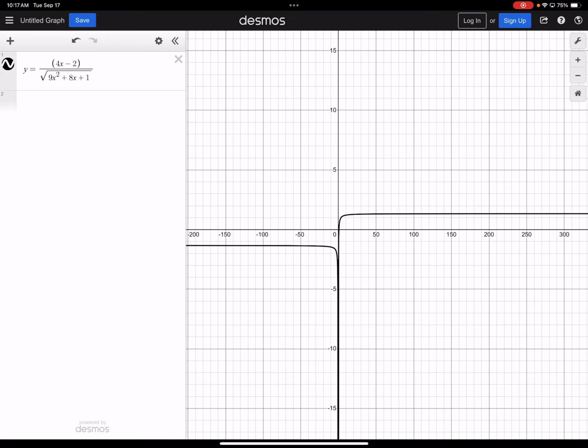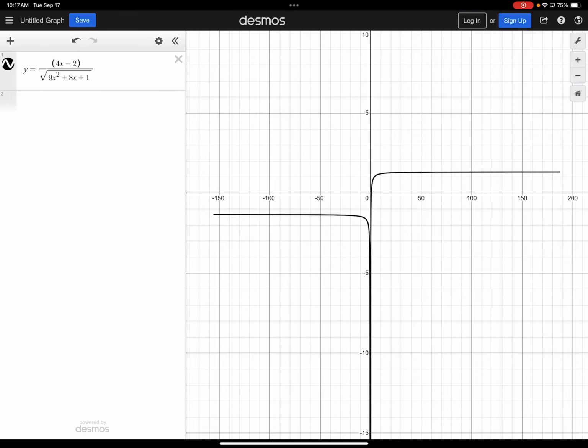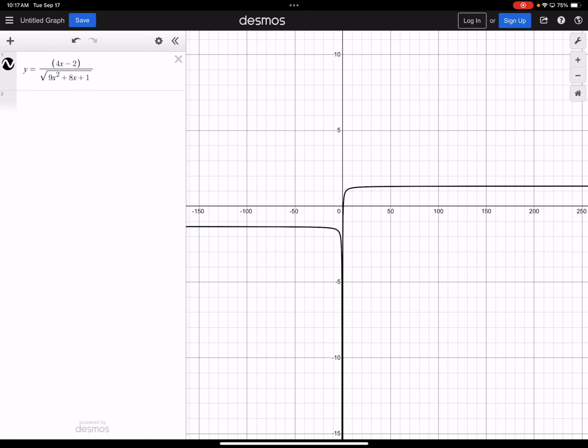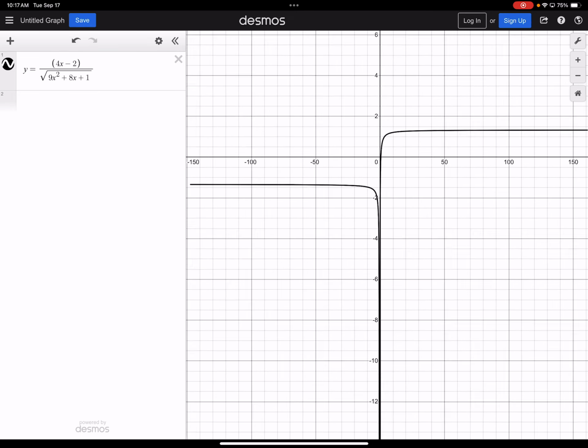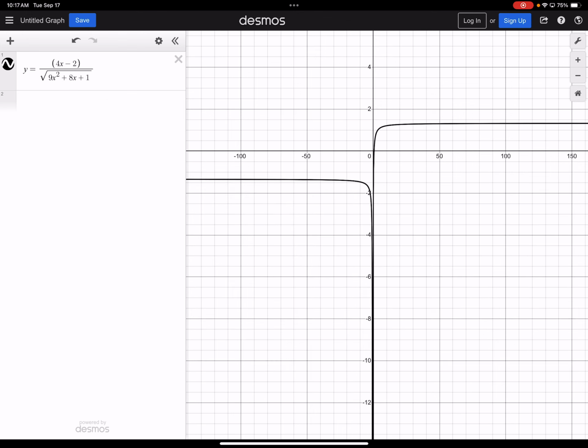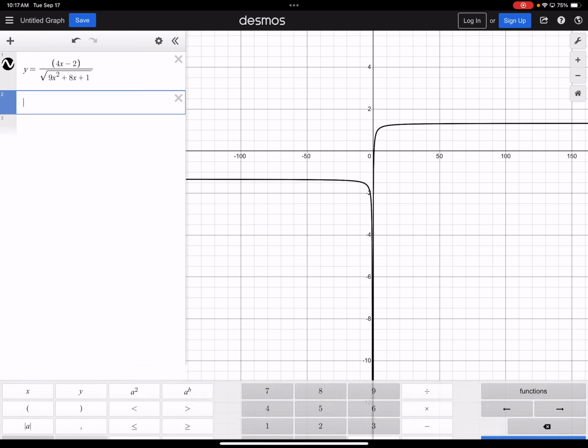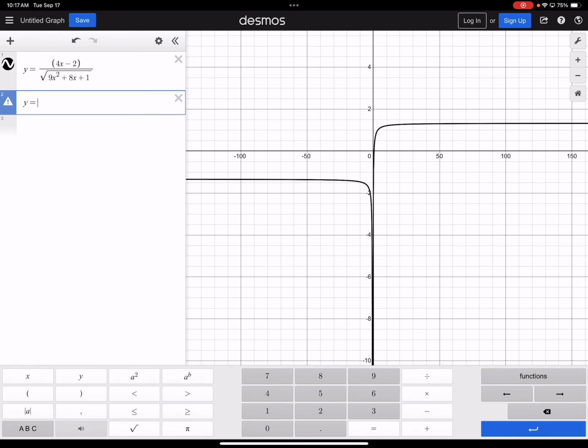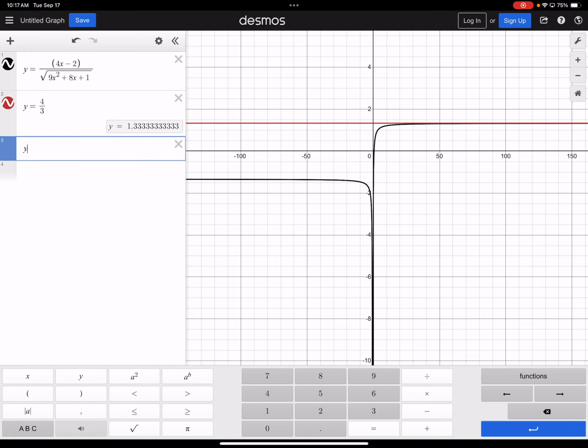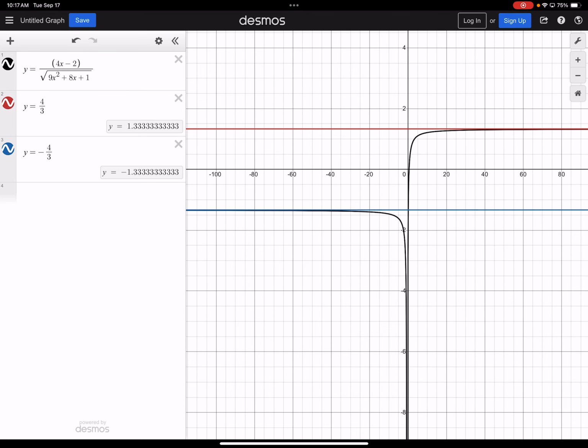Okay, so you can kind of see it looks like there's a vertical asymptote in there, but we're talking end behavior right now since we're thinking limits at infinity. And notice when I put in y equals 4/3, bam, y equals negative 4/3, bam. Okay, so we have our two different end behavior asymptotes there.